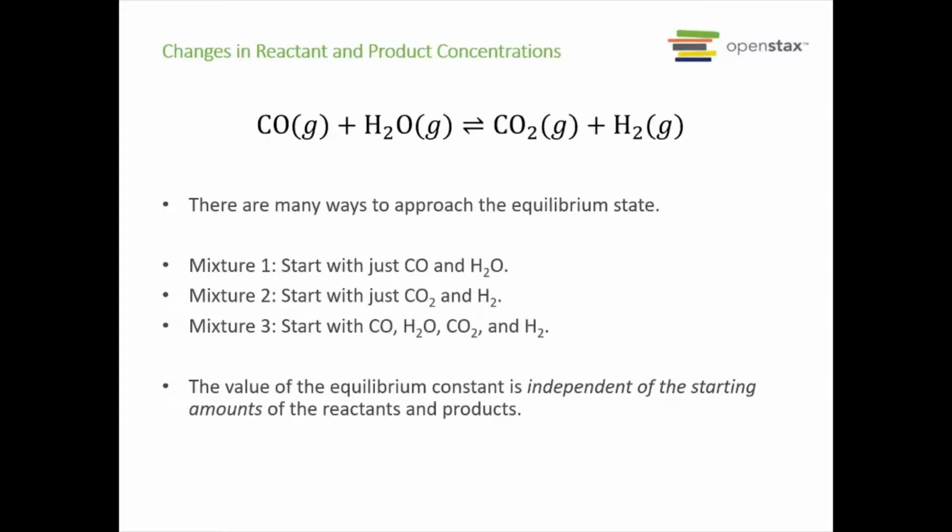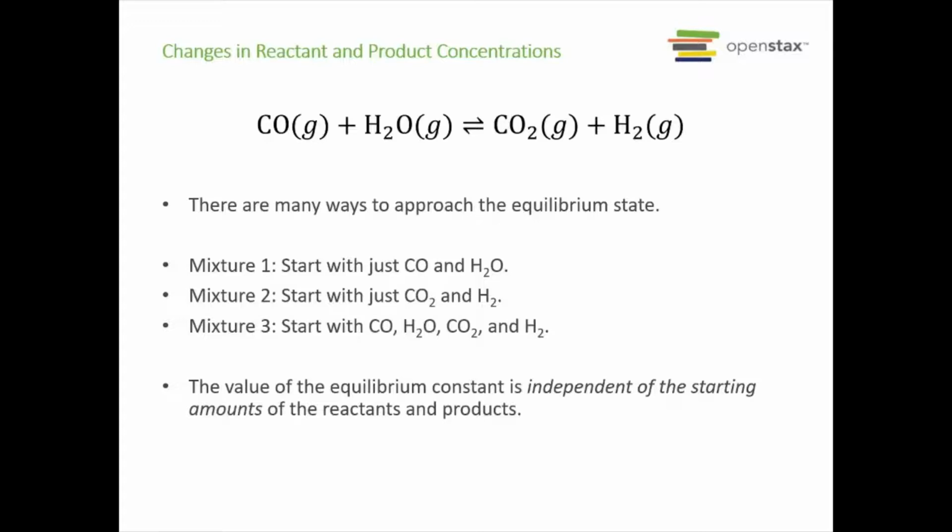Okay, so here's an example reaction: CO and water making carbon dioxide and hydrogen gas. There are so many different ways that we can get to the equilibrium state. We could start with just carbon monoxide and water. We could start with just carbon dioxide and hydrogen, or we could start with all four of them together.